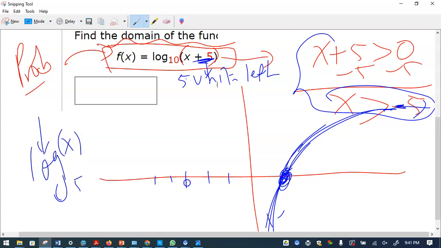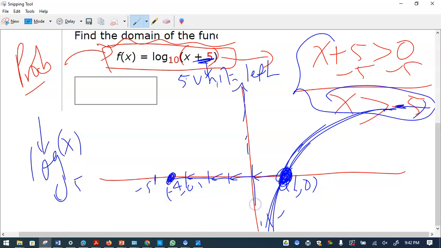So 1, 2, 3, 4, 5. It means this dot goes 1, 2, 3, 4, and 5. So there it goes. See? The x-intercept here was 1, comma 0. Now it becomes negative 4, comma 0. This point is negative 5.